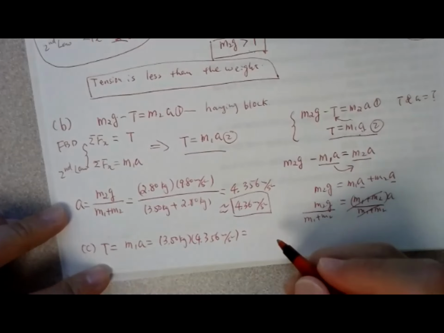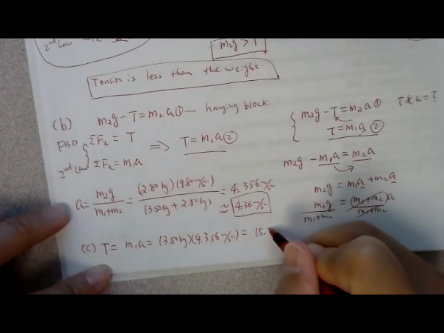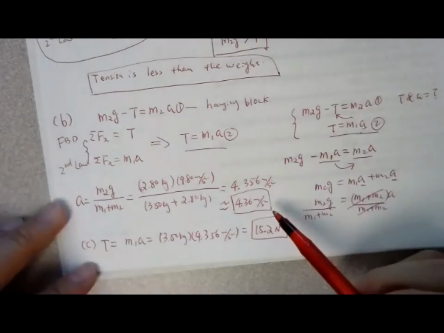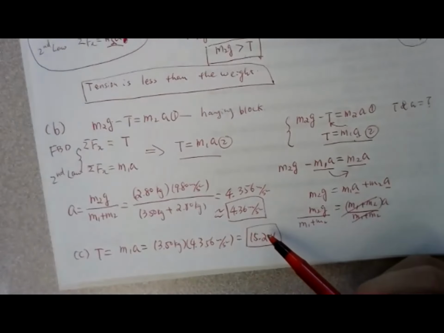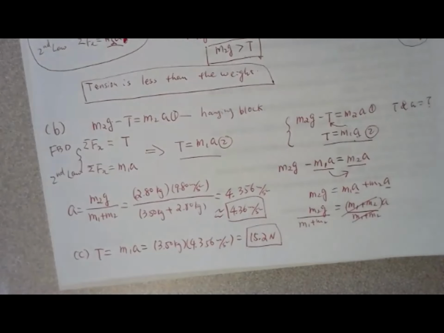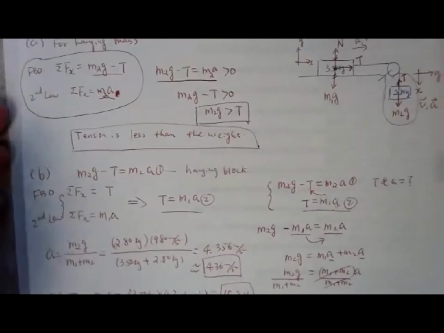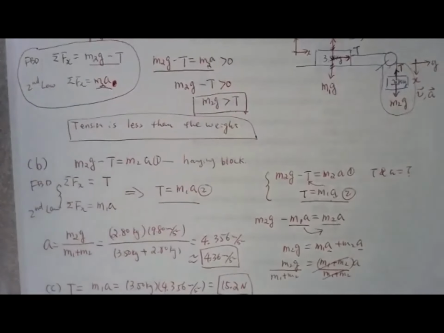That will be 15.2 newtons, okay? I saw several of you got B and C right, but didn't get A right, okay? So in A, you should have the tension less than the weight, so then the system will have oscillation, okay?